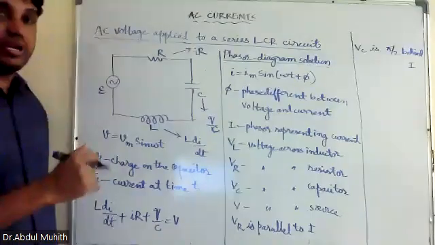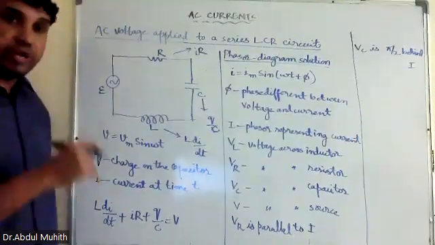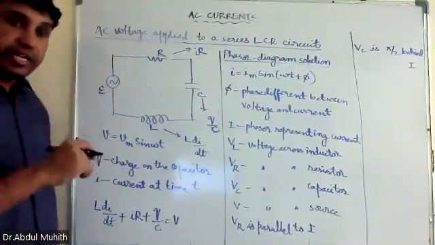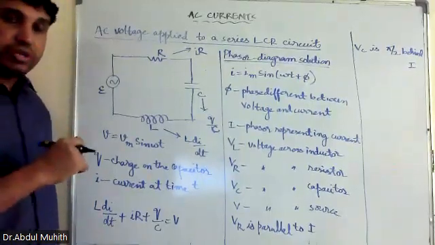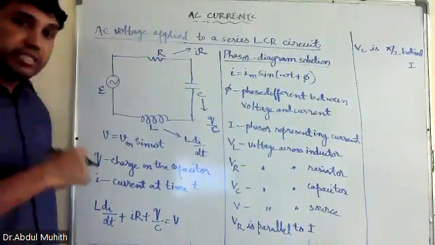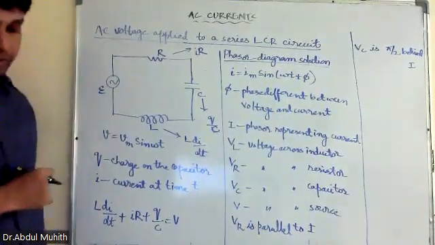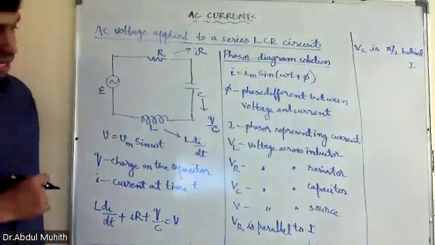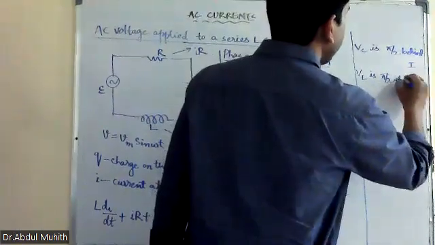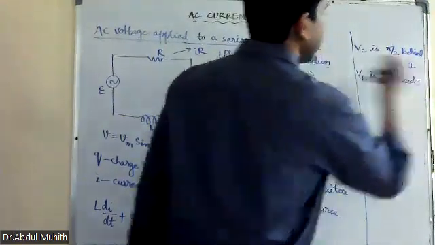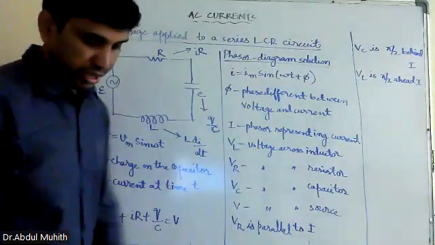Current is lagging the voltage by 90 degrees in an inductor circuit, and in a capacitor circuit current is leading the voltage by 90 degrees. So VC, and then we have VL. VL is pi by 2 ahead of current.